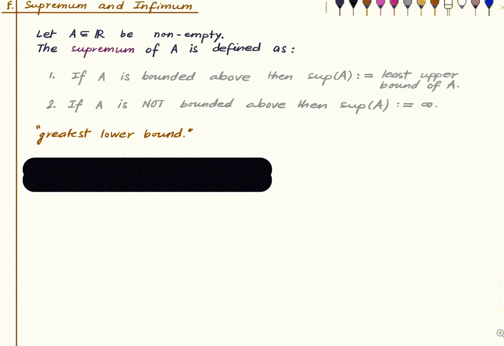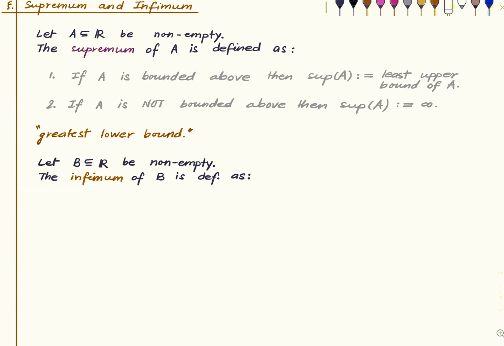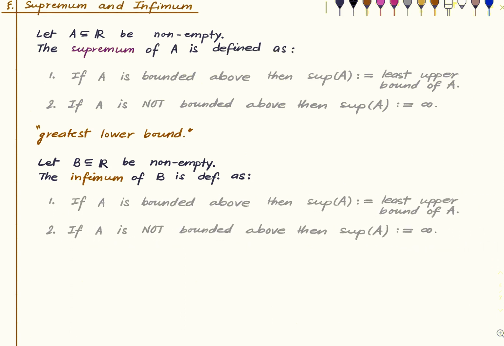So if you are still unclear about it, consult some book or Google around. You will get this. And now we can define the infimum. So fix a non-empty subset of the real number field. The infimum of B is defined verbatim as above, but the above will become below and so on.